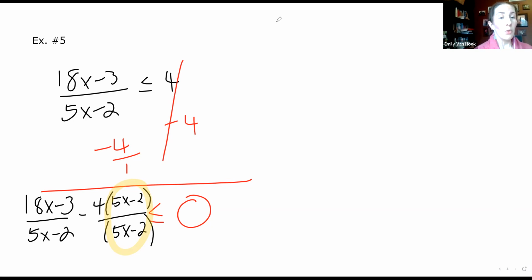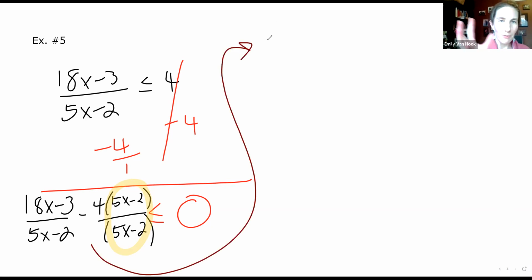Now we'll be able to distribute the minus 4, combine like terms, and combine the fractions. I have a feeling we might need to go back in just a minute, but let me finish this step first and then see if you can follow.